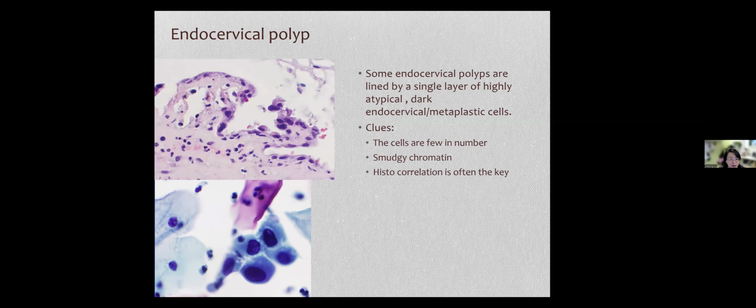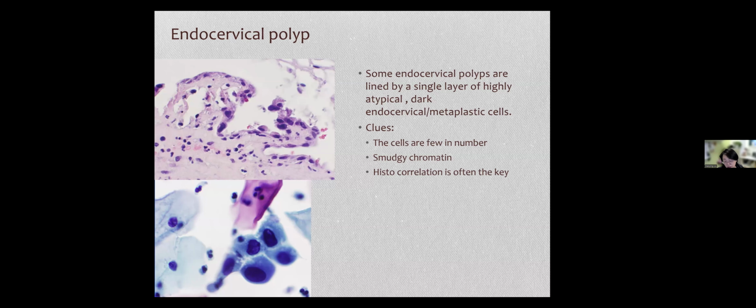Endocervical polyp is notorious for abnormalities showing in the squamous cells, and those cells can give you kind of smudgy, dark chromatin, but normally you're going to have an endocervical polyp biopsy, so you can correlate with histology. And those cells are normally also rare in number.